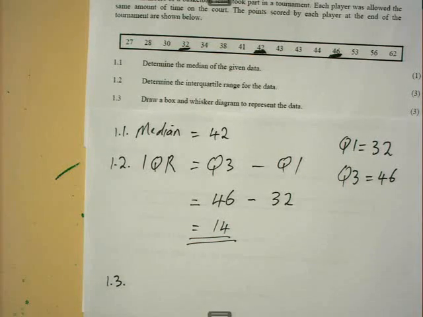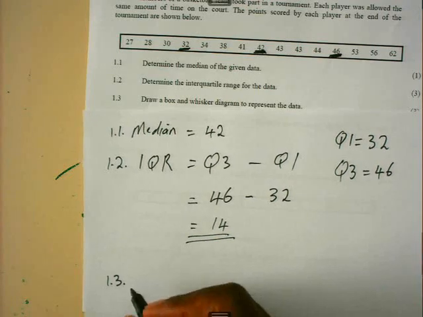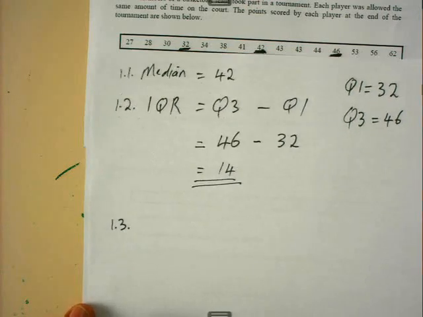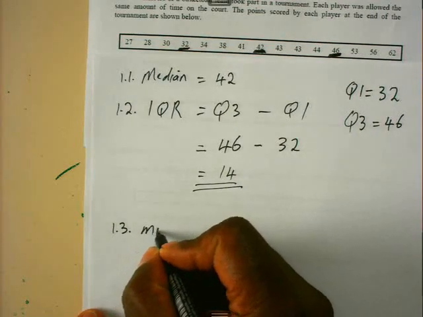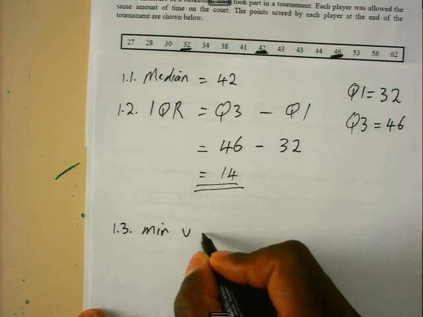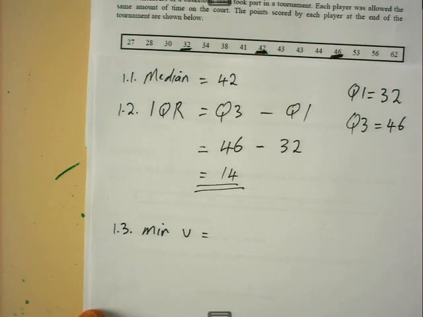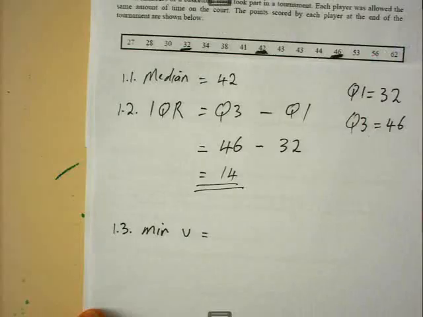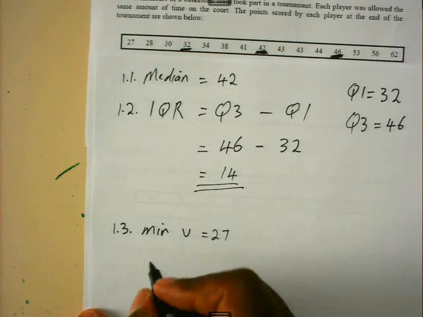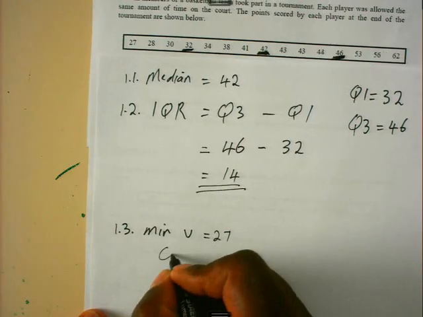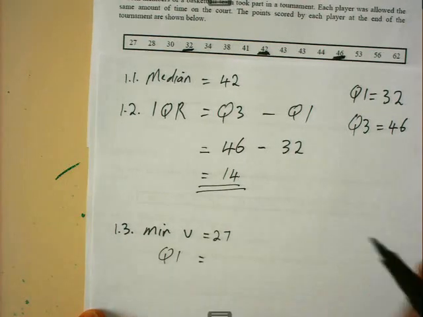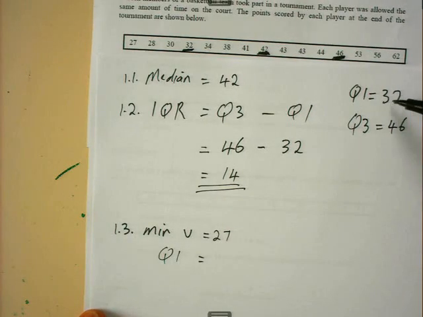Let's go together. Remember, the 5-number summary, the first one I said, is the minimum value. In this case, look at the scores, 27, 28, so the minimum will then be 27. Let's go to Q1, quartile 1. Remember Q1, we said it's 32.